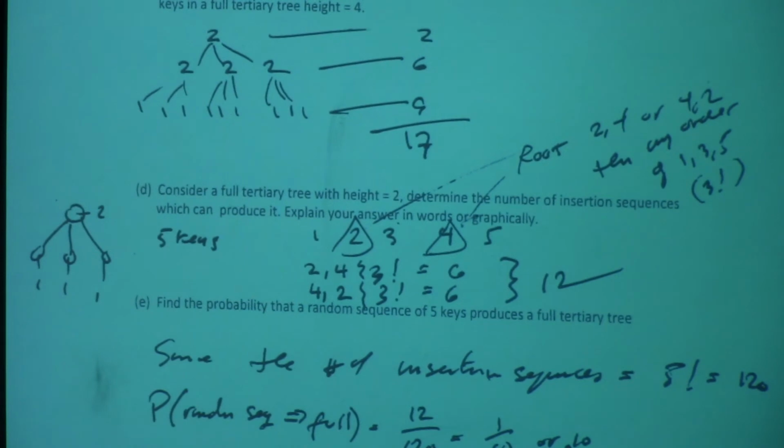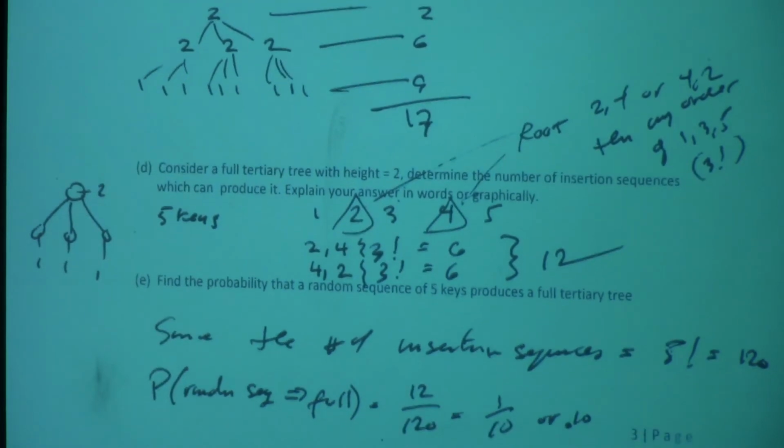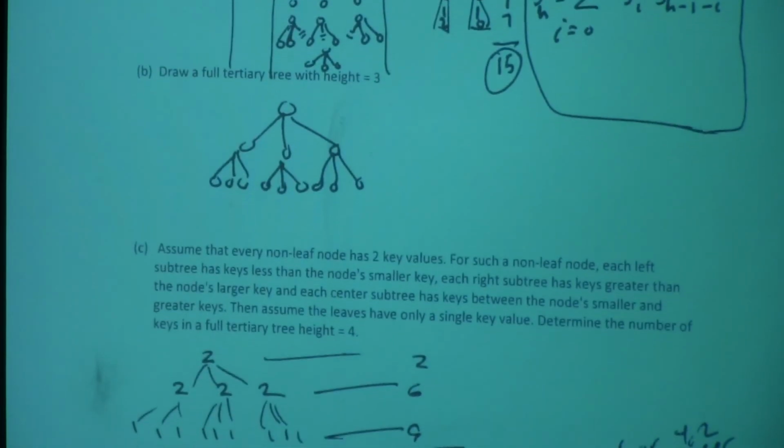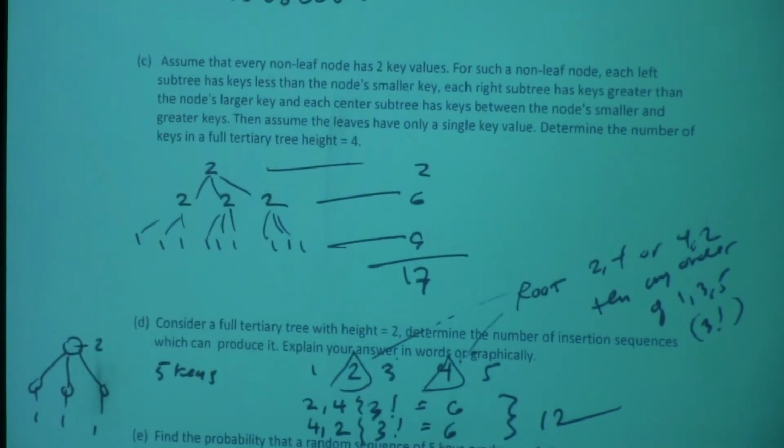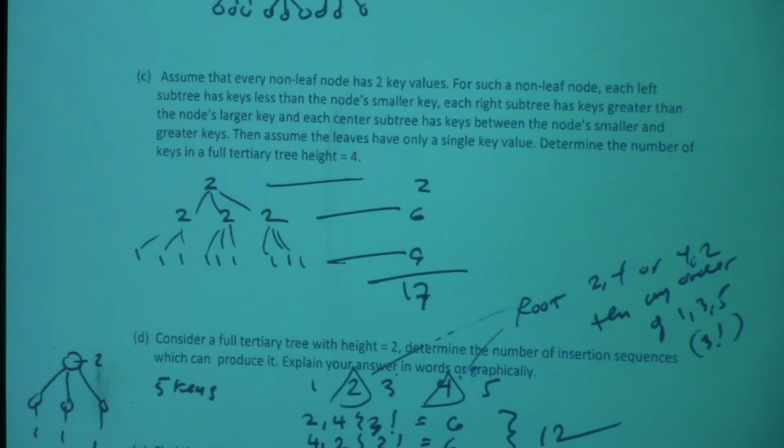Okay, so assume that every non-leaf node has 2 key values. So for example, if that's the case, the non-leaf nodes would be this one, this one, this one, and this one, right? And then all of these would have how many values? Assume that every non-leaf node has 2 key values.